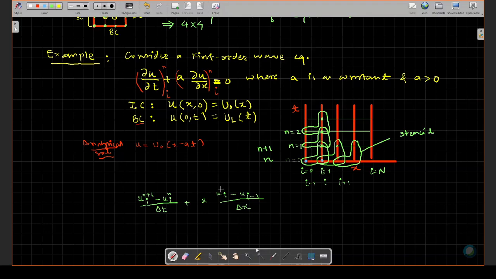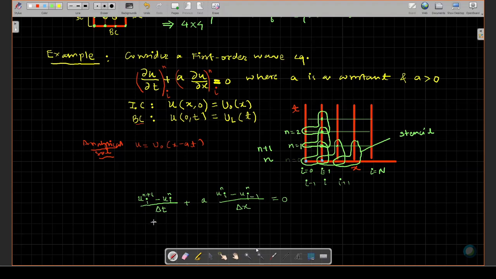And since it is at time level n, you see these points are at time level n. But to calculate this u_i^{n+1}, you are taking u_i^n minus u_{i-1}^n, and this has to be equal to 0. You got it? This expression, how you derived?